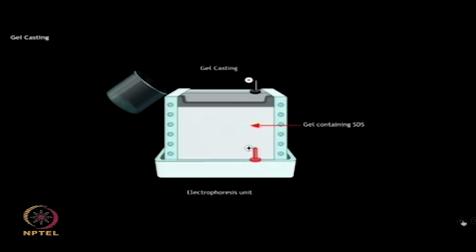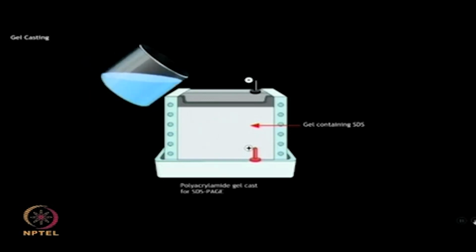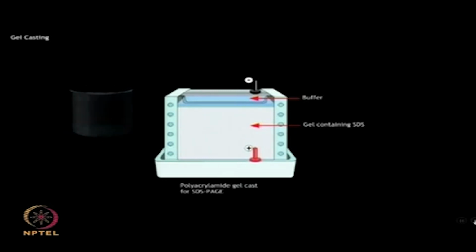The molecular dimensions of the pore can be controlled by varying the amount of N,N'-methylenebisacrylamide, with free radical cross linking being facilitated by ammonium persulfate, or APS, and TEMED.